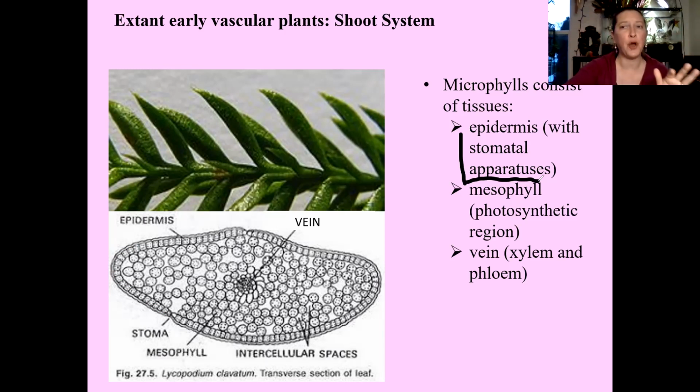But going forward, pretty much all plants that we look at will have these structures on them. Here's an example of one. Stomatal apparatus is our cells that help regulate gas exchange.